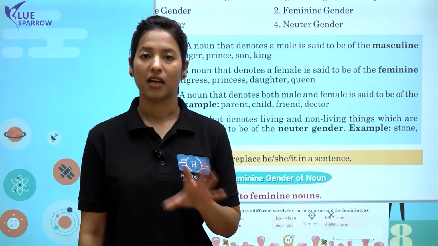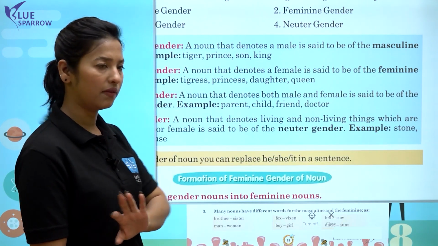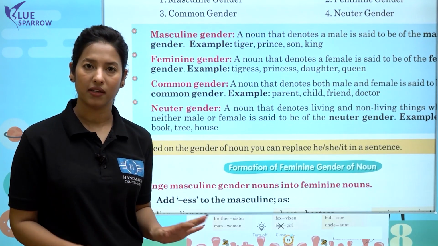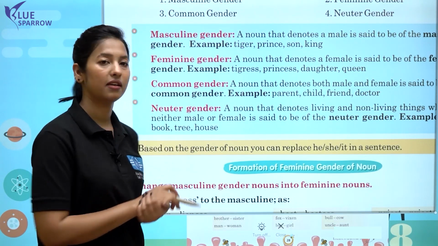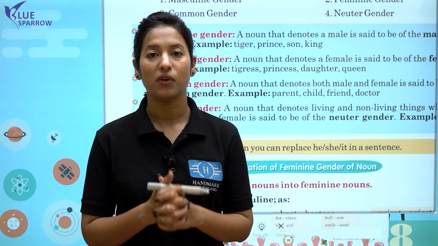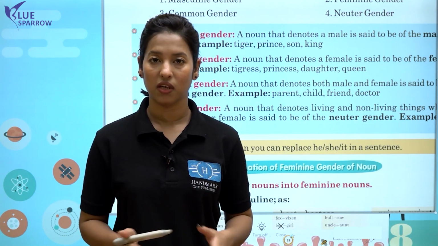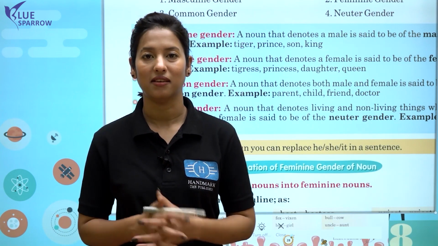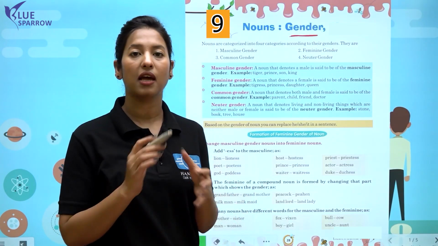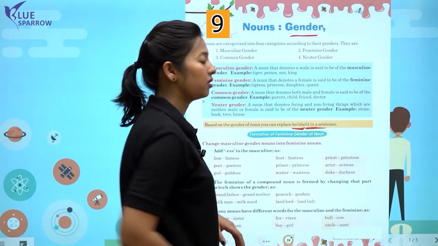All these are examples of neuter gender, where stone is a non-living thing, book and house are also non-living things, but the tree we can see here is a living thing. So children, being a living thing, trees fall under neuter gender because we do not categorize trees under male or female characters. Now children, based on the genders, we can replace the nouns with he, she, it in a sentence.